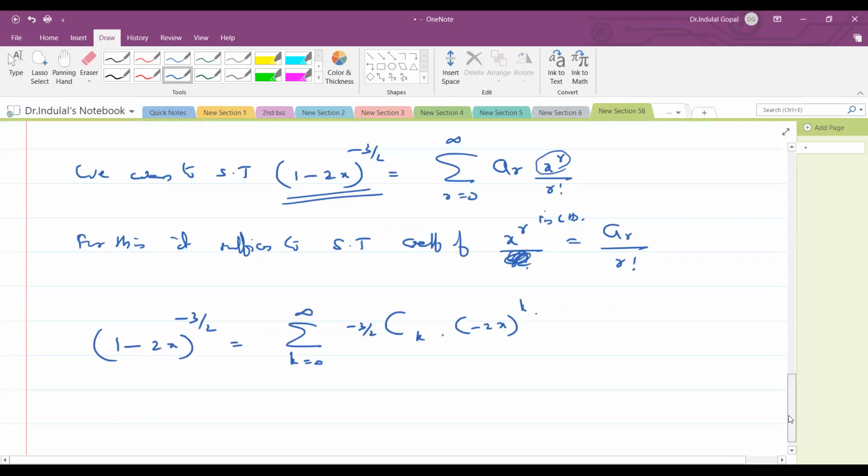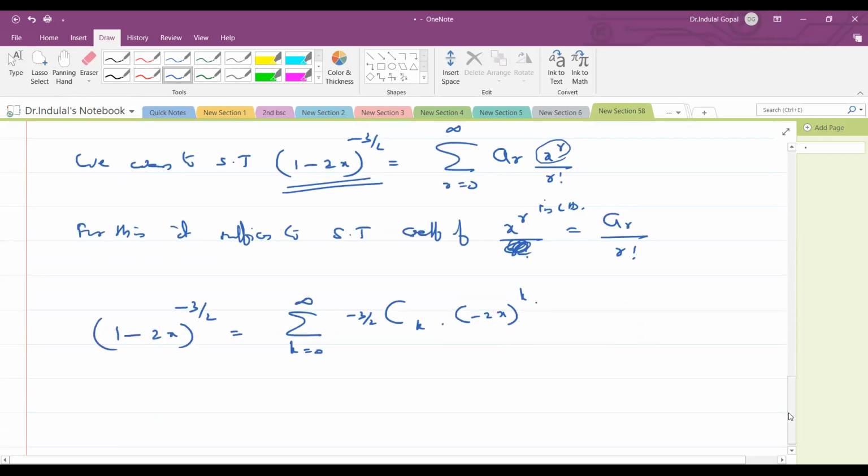So this is how the expansion goes. Therefore, the coefficient of x raised to r is minus 3 by 2 cr into minus 2 raised to r.